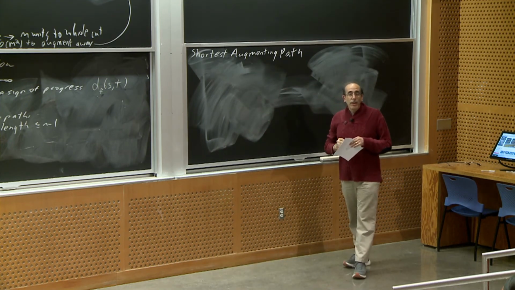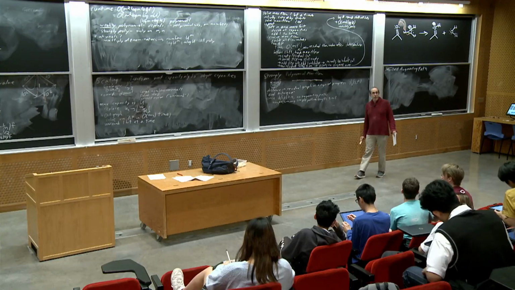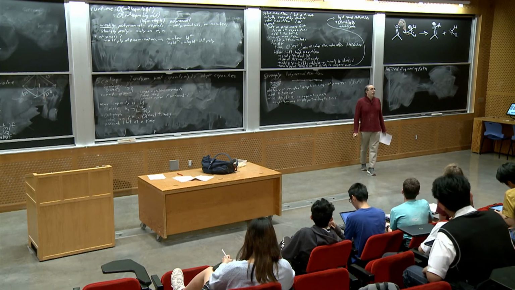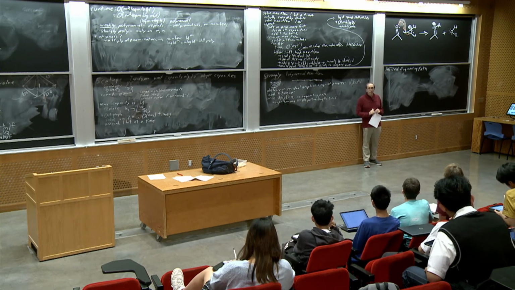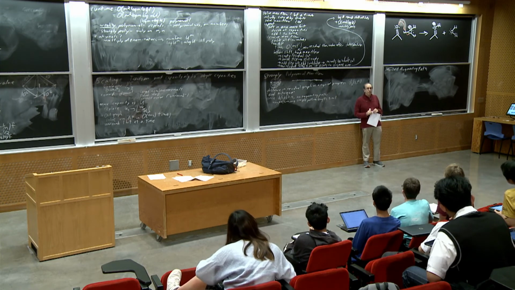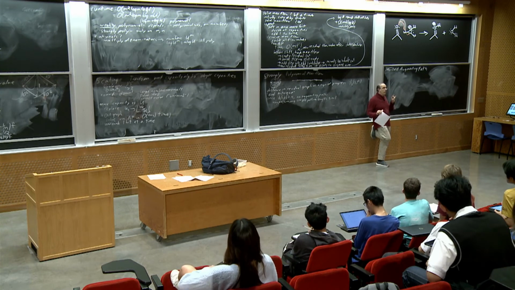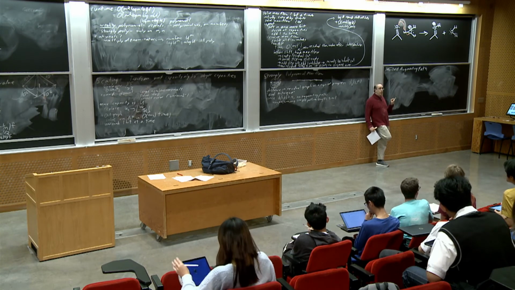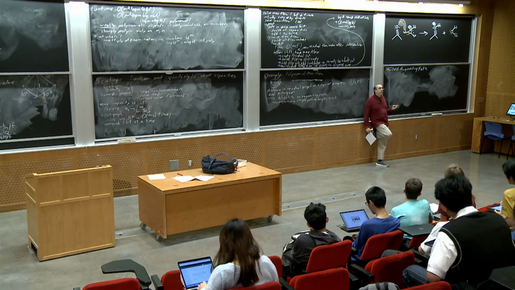So remember, when you find an augmenting path and you saturate it, right, by pushing flow that is equal to the bottleneck edge, you remove that path from the residual graph, because you've destroyed one of the edges on the path. So that seems like a really good thing to do, right? If you want to make S and T far apart, you need to destroy short paths. Augmenting along a path destroys the short path.